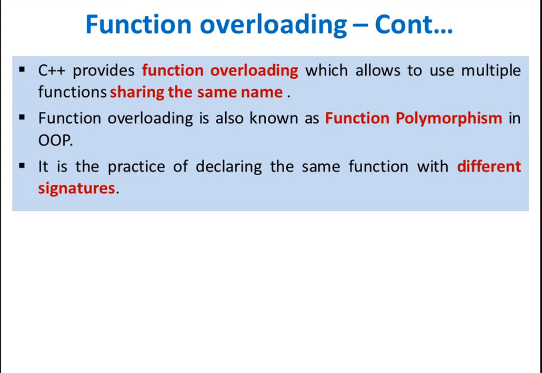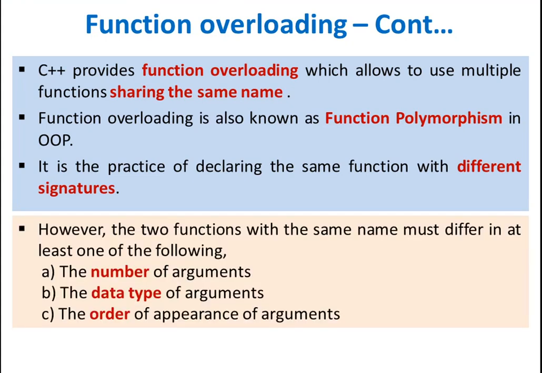It is the practice of declaring the same name function with different signature or different parameters. However, the two functions with the same name must differ in at least one of the following: the number of arguments, the data type of arguments, and the order of appearance of arguments.